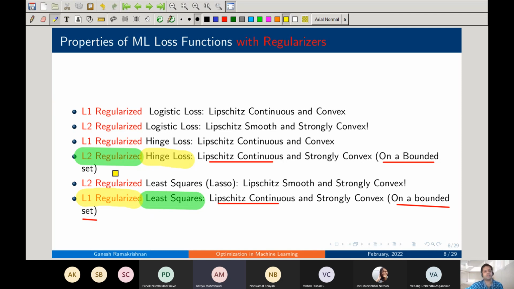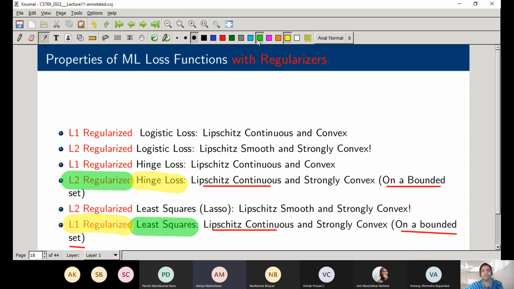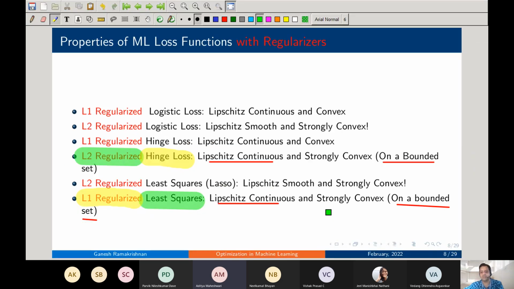L1 regularization and hinge loss are analogous. L2 regularization and least squares are analogous. Both L1 regularization and hinge loss are Lipschitz continuous. They're just convex. They're not strongly convex. So the strong convexity has actually come from L2 regularization or least squares respectively.